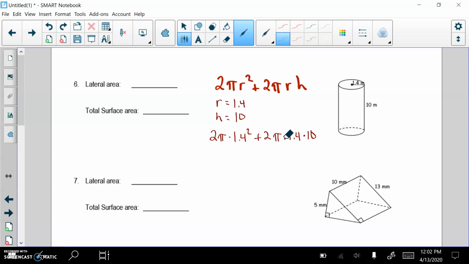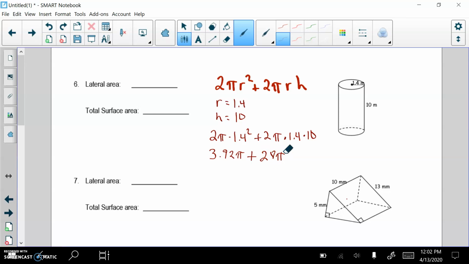I am not calculating pi. So I'm going to multiply 2 times 1.4 squared in my calculator, and that gets me 3.92 pi. Two times 1.4 times 10, that I can manage. That is equal to 10 times 1.4 is 14 times 2 is 28 pi.